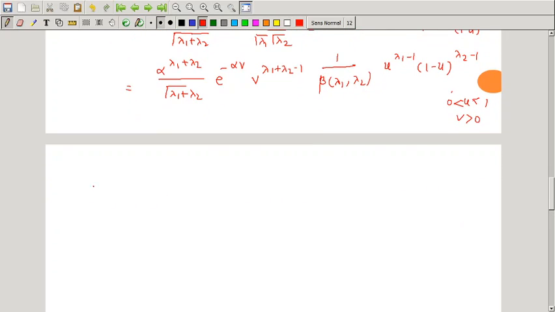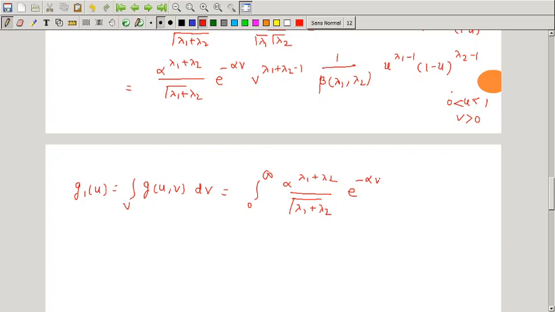Now our interest is to find the PDF of u. So g1 of u is equal to the integration over v of g of u, v dv, where v goes from 0 to infinity, and the joint PDF is alpha raised to lambda 1 plus lambda 2 upon gamma lambda 1 plus lambda 2, e raised to minus alpha v, v raised to lambda 1 plus lambda 2 minus 1, into 1 upon beta lambda 1, lambda 2, u raised to lambda 1 minus 1 and 1 minus u raised to lambda 2 minus 1, dv.